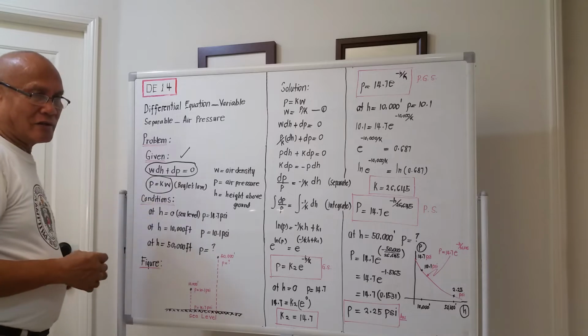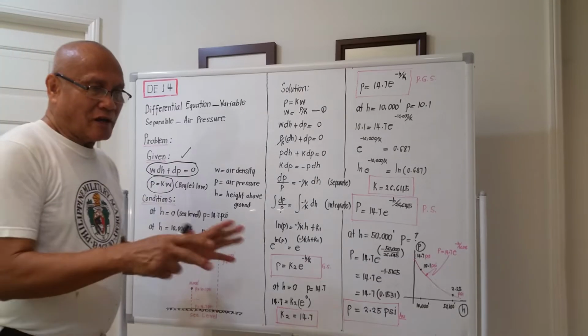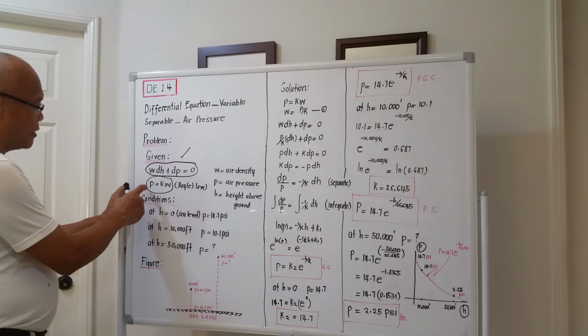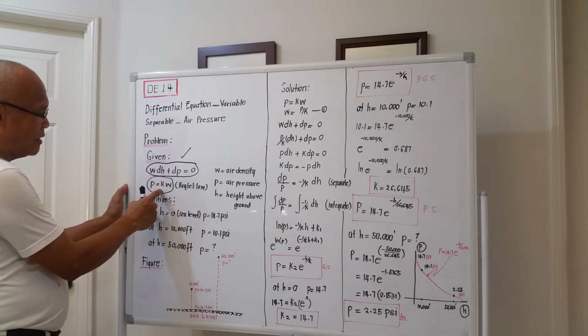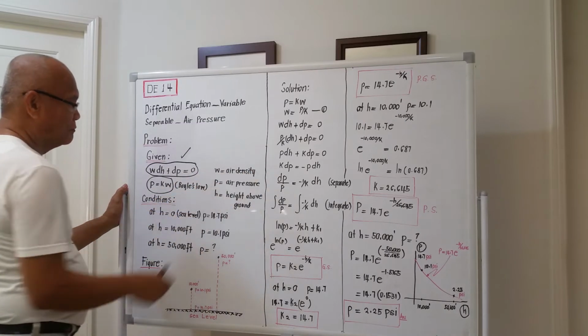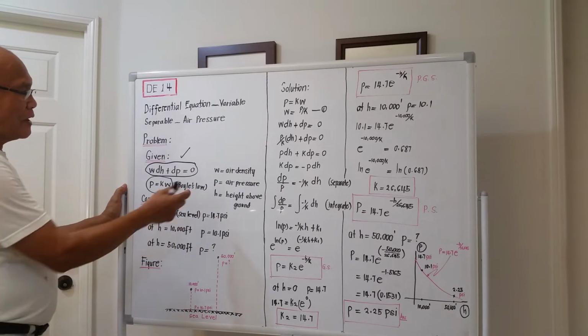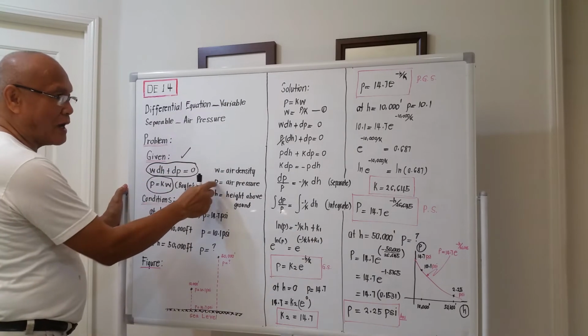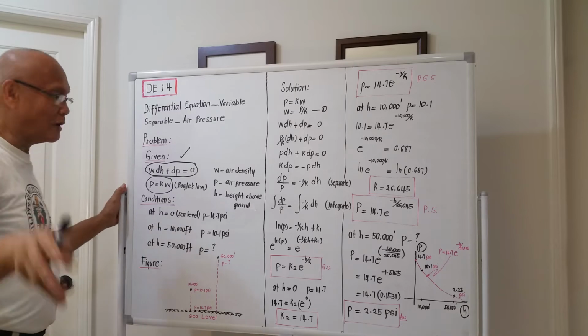Boyle's law is actually, I think this is under physics or thermodynamics. That is, pressure is equal to K times the W, where W is air density. We are not interested in W. We are interested in the pressure at any height in this world.